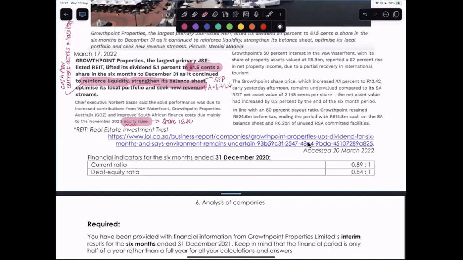They're showing us that the fact that they own 50% of the V&A, there's an increase in their net property income as a result of international tourism. Why? Because if you've got more tourists arriving, it means they'll spend more money at the waterfront, which is a very big tourist destination. Then it means that they will be able to receive more revenue.